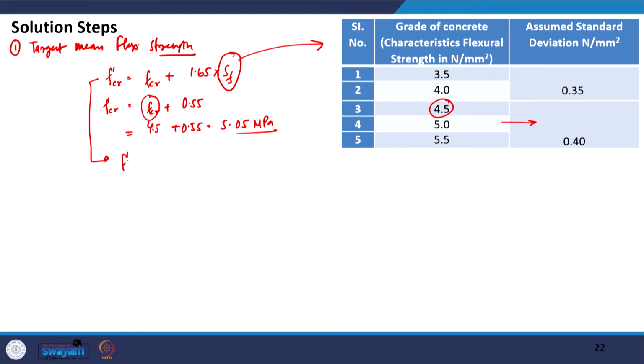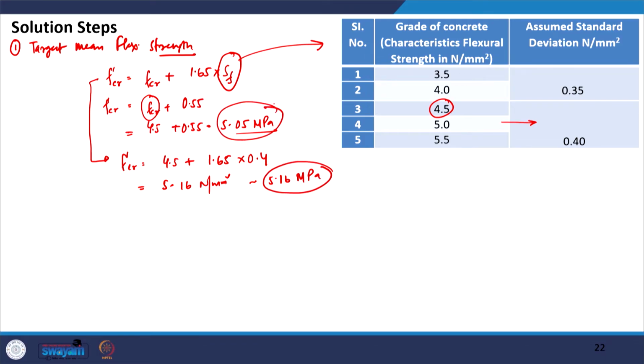So, f'cr with this formula becomes equal to 4.5 plus 1.65 into 0.4. If you just calculate this, we get the value as 5.16 Newton per mm square, or 5.16 MPa.